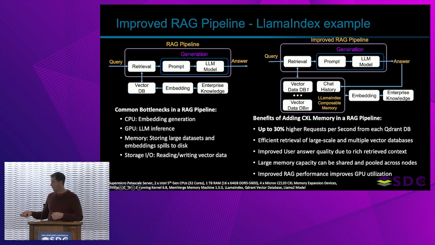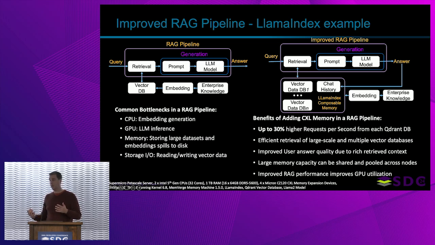So we effectively kept everything else the same, same data set, same embedding models, and we just replaced the single vector database with our composable memory solution, meaning that we could keep the answers that we had generated previously in its own database, and then the embeddings we could segregate if we wanted to across multiple databases as well.